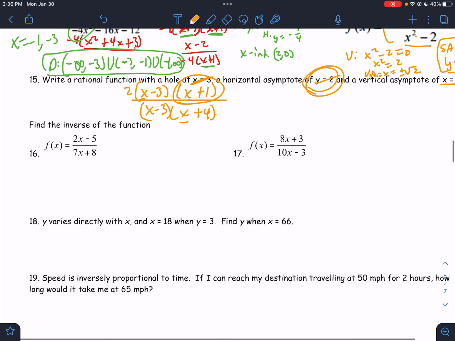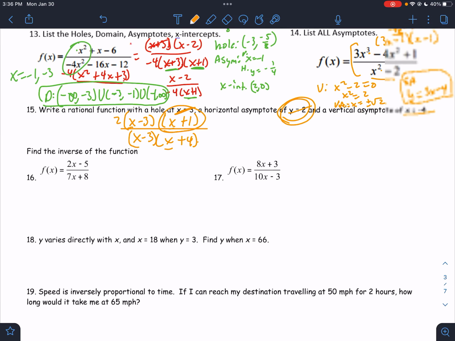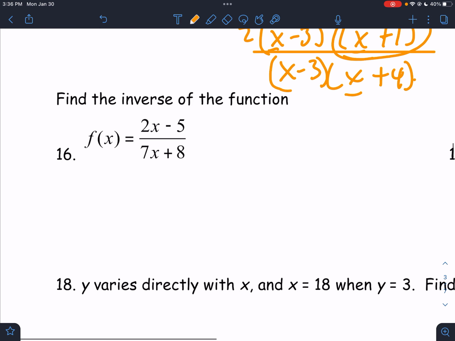Okay. Find the inverse of each function. There's a lot of ways to think about this, but the easiest, fastest way for most people is to think of this as being like the letter y. Inverses undo each other. So if we flip the x and the y and undo it from y's perspective, we'll have the inverse.